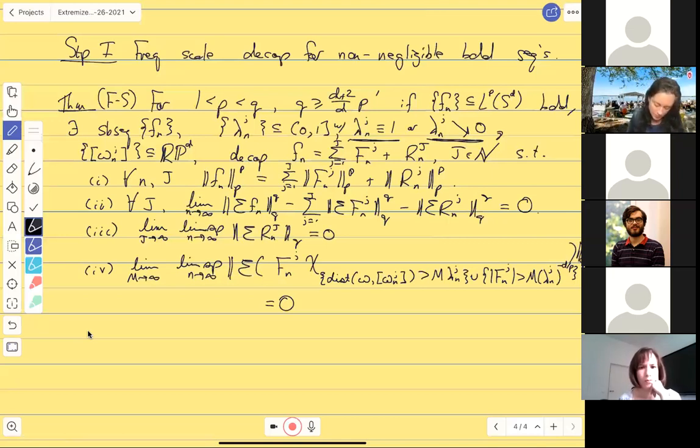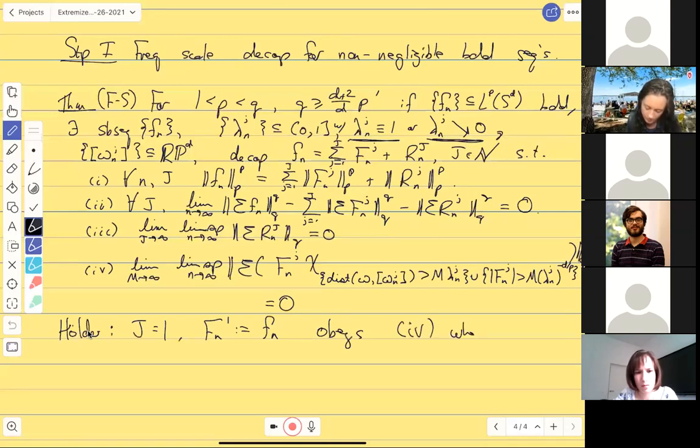I just want to point out, again, by an elementary application of Hölder's inequality, J equals 1 and f_{n,1} equals f_n obeys the bound when q is larger than (d+2)/d · p'.